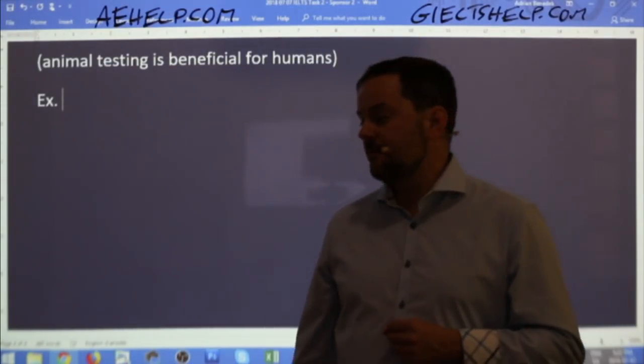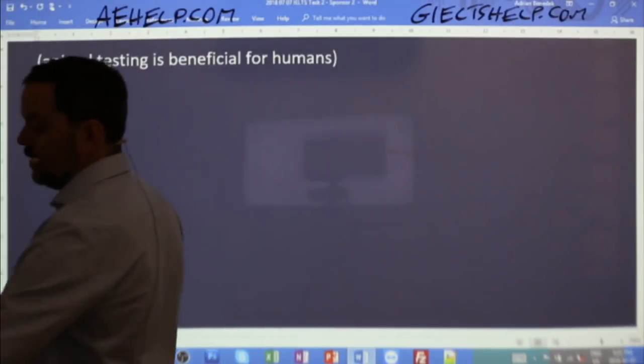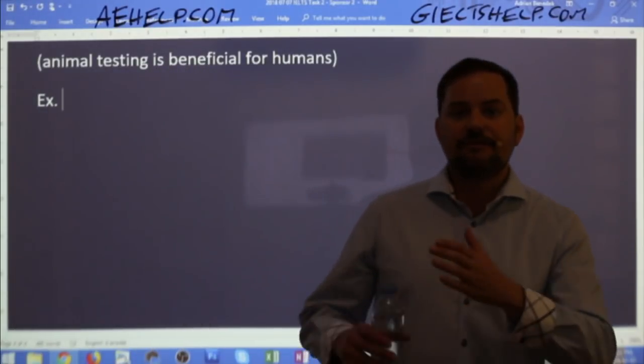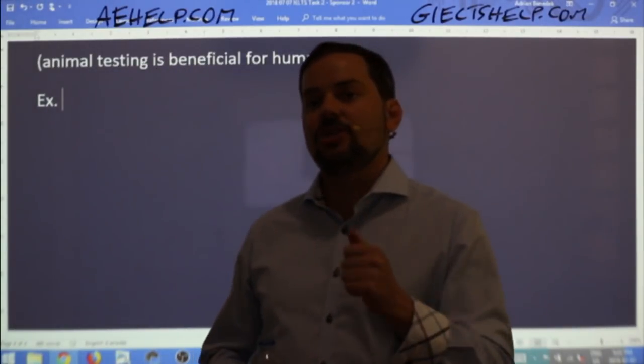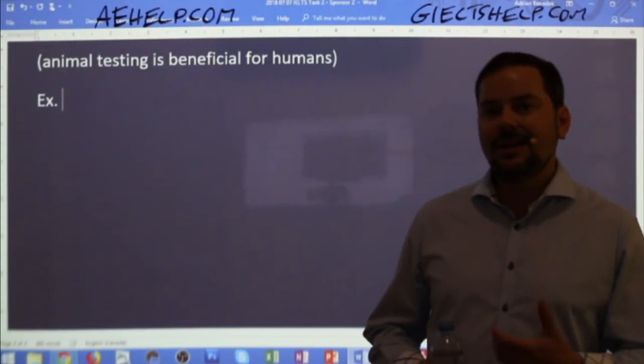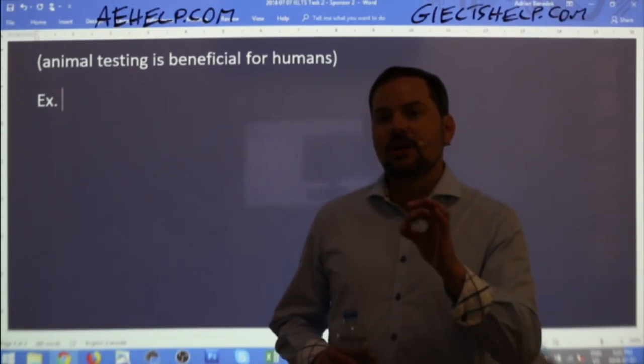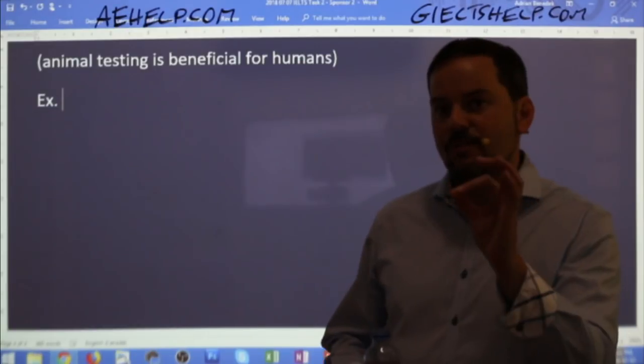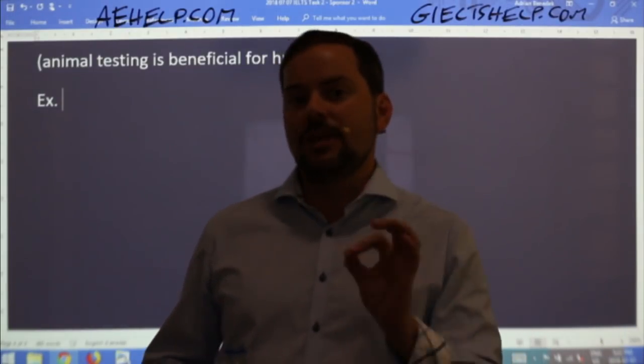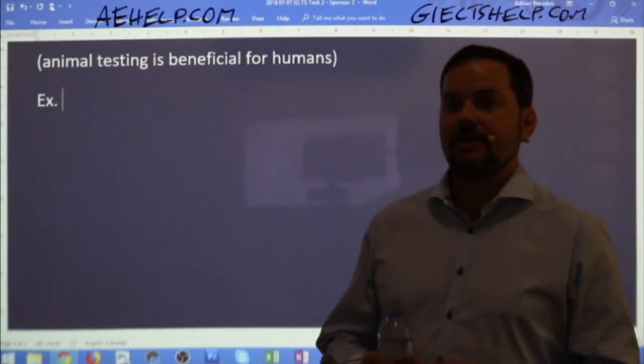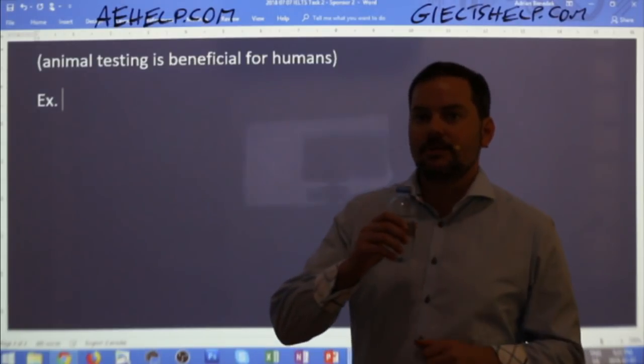So I'm waiting for your comments on this one. I don't want to just give you the fish, as I usually say. I want to teach you how to fish. So here, I want you to think of the specific, the small, the example that you could use in your body paragraph. Okay, so we're going in the opposite direction here.